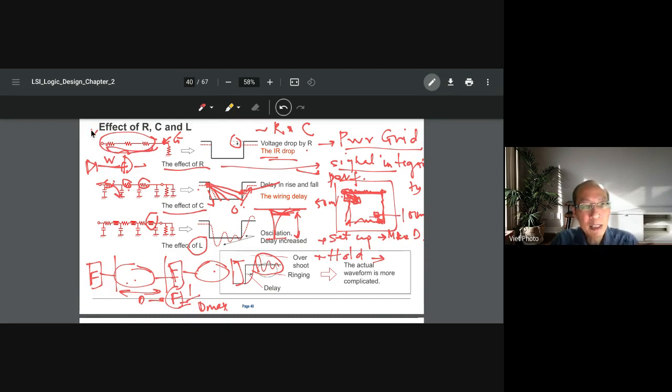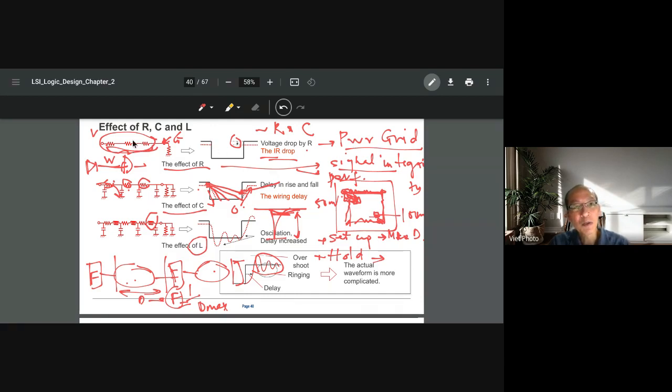So that means, let's say you have 1 volt here. After this, here becomes 0.8 volt. You see that is a 20% reduction in voltage. It also means easily 20%, or even more, 30-40% decrease in performance. So that's why nobody wants this kind of resistive IR drop for the power grid.